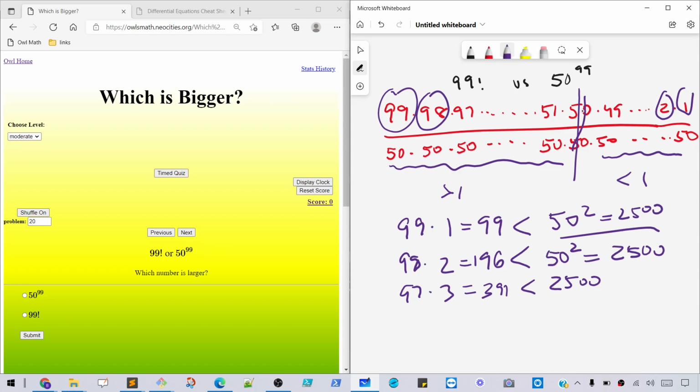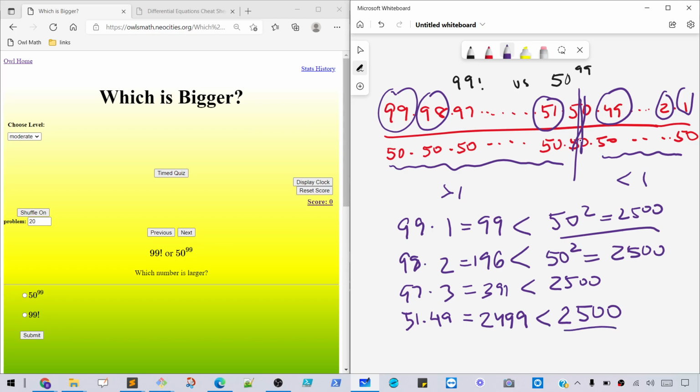The actual maximum would be at 50, but this keeps increasing, and the largest value we get to is 51 times 49. You can look at that as 50 plus 1 times 50 minus 1, a difference of squares, so that's 2,499. But 2,499 is still less than 2,500. So every single pair is going to be less than 2,500.